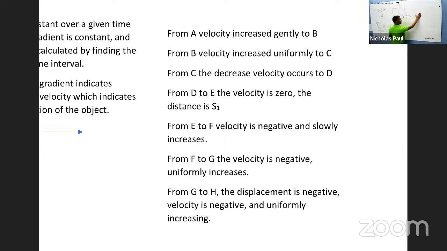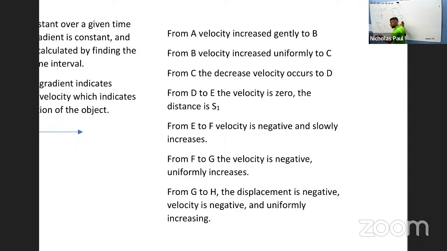Try the last part. Next part is where we reach G to H. Displacement negative. So what do I mean? Displacement is negative, right below the x-axis now.